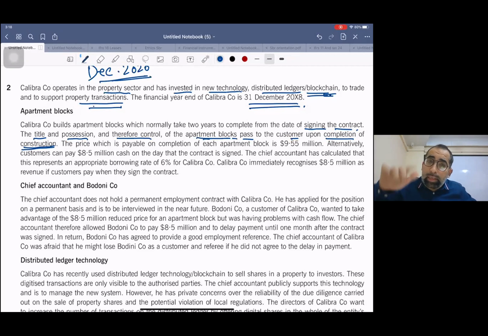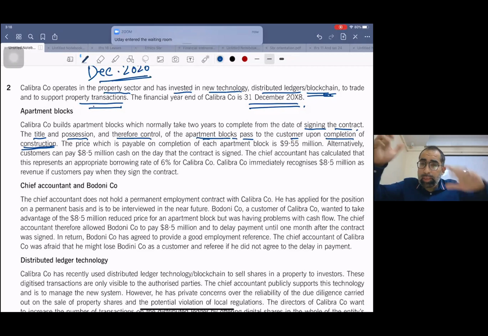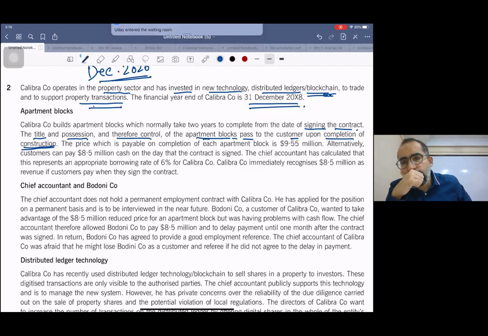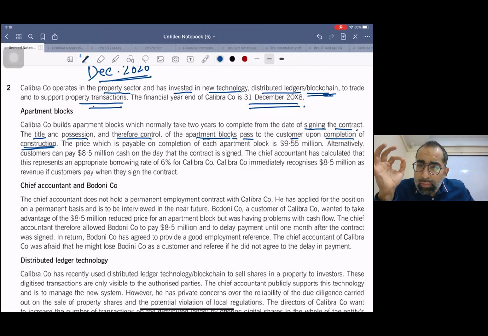we construct the apartments, and in the end we deliver those apartments after 2 years or 3 years after the completion. So now you tell me one thing: when do customers get the economic benefit from these apartments? After 2 years, when we deliver it, when we give possession, when we give control of that, right?